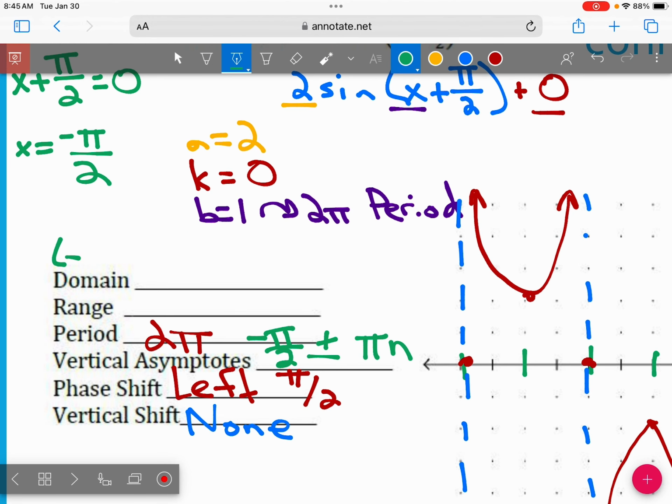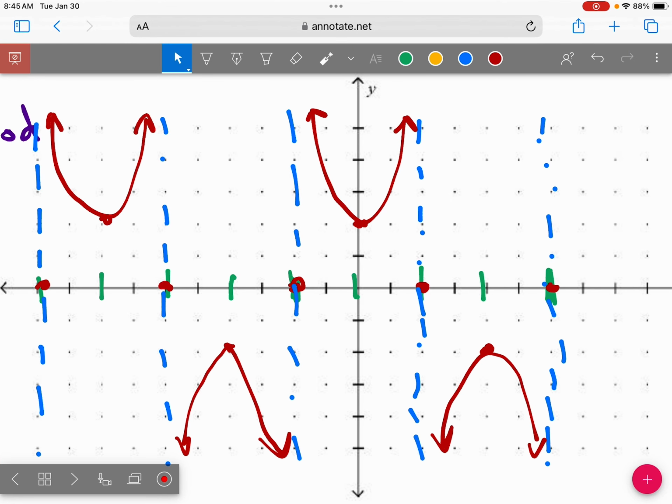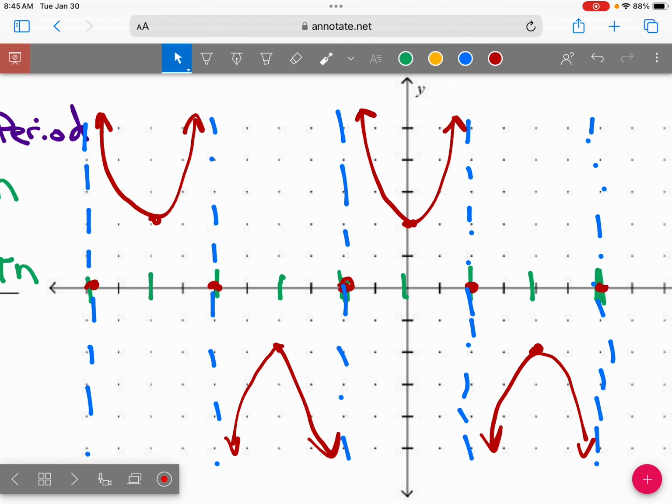From there, our domain is all real numbers, but x cannot equal any of the vertical asymptotes. So negative pi over 2 plus or minus pi n. Finally, the range, looking at the graph: the negative points come from negative infinity and go up to negative 2.